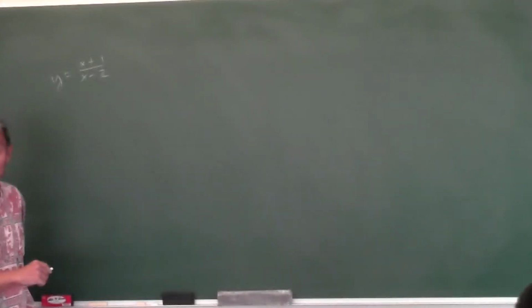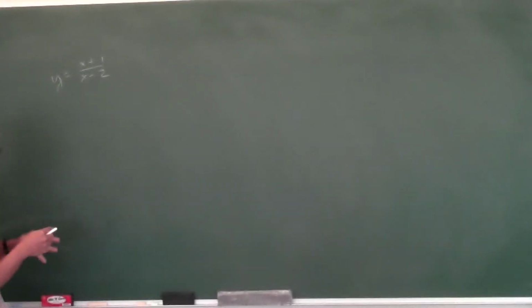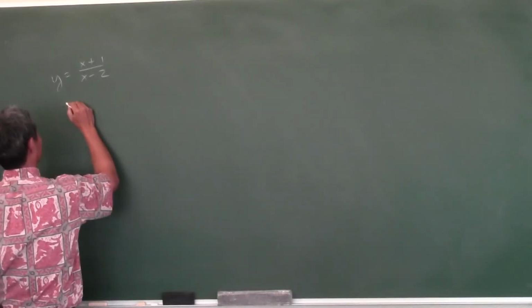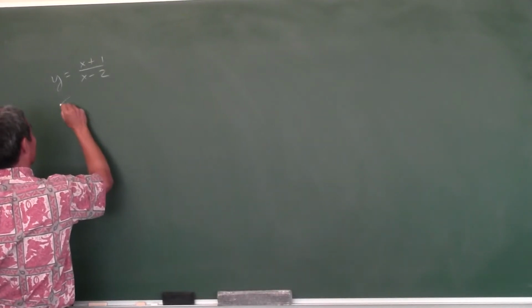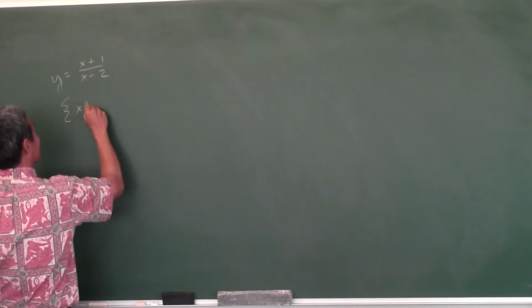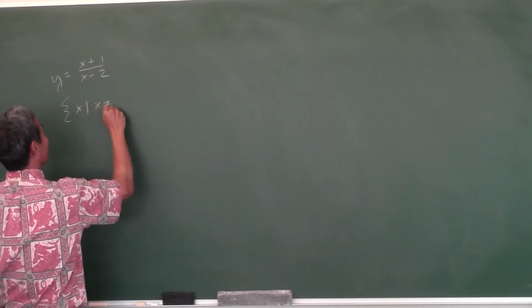Okay, so what's the domain here? What numbers can I plug in for x? Any number except 2. So basically, when you have a fraction, you just got to make sure that the denominator is not 0. So how do you write that though? Because by definition, domain is a set. It's the set of all the x coordinates on a particular graph. So curly braces: x such that x cannot equal 2.